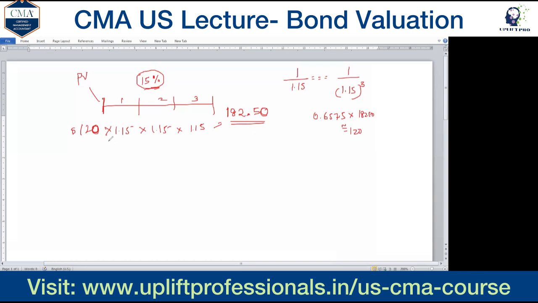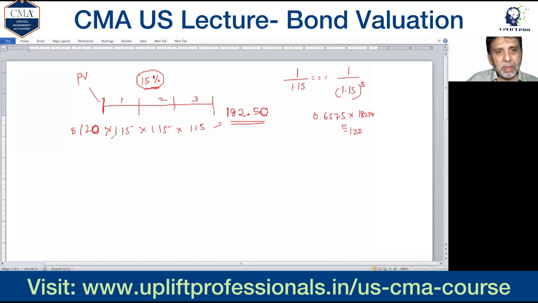How to reach that? I will tell you that. The future value is just multiplying it like this. In a formula, future value is present value into 1 plus the interest rate whole to the power of n, where n is the number of years. You understood?